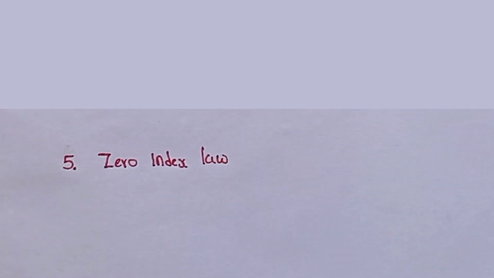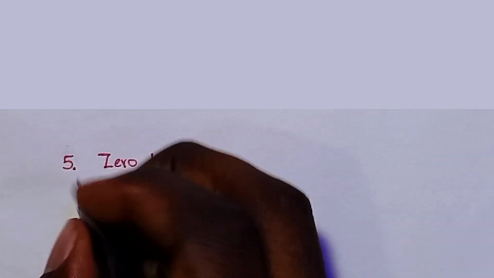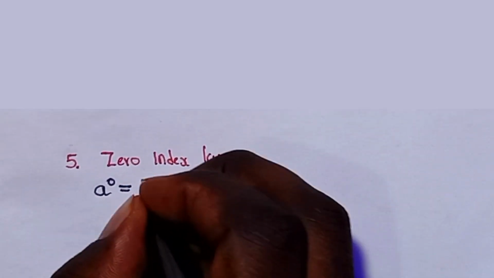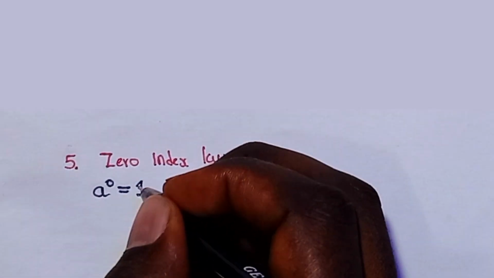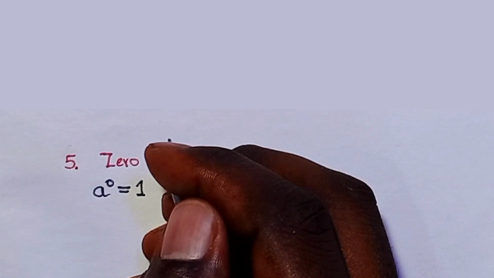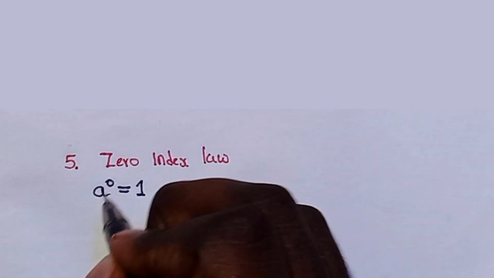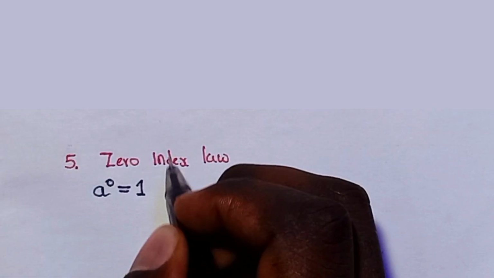So in the zero index law, any number that is raised to the power of 0 is 1. This is the simplest one. Any number raised to 0 is equal to 1. Even if it is 1 million raised to 0, it is 1.